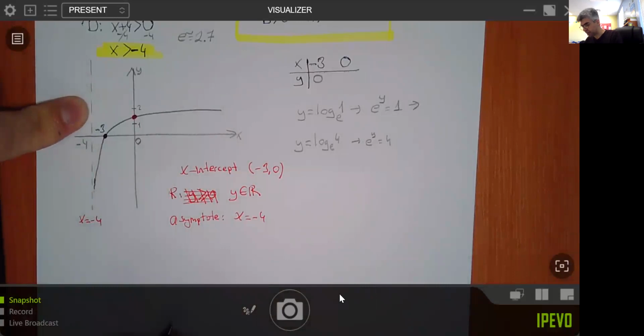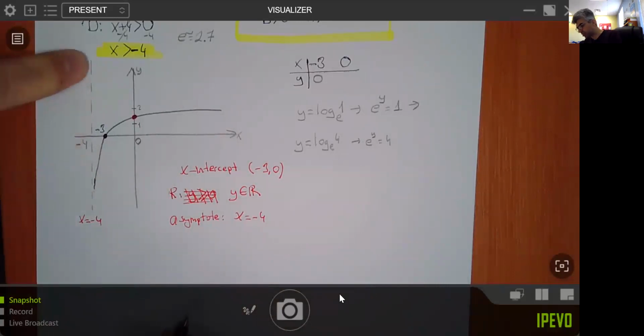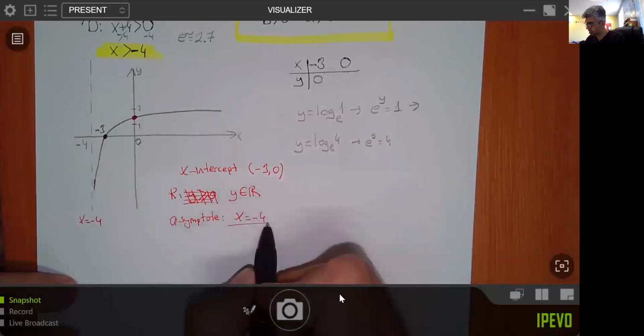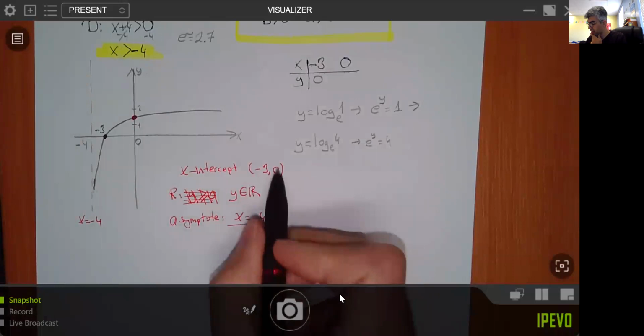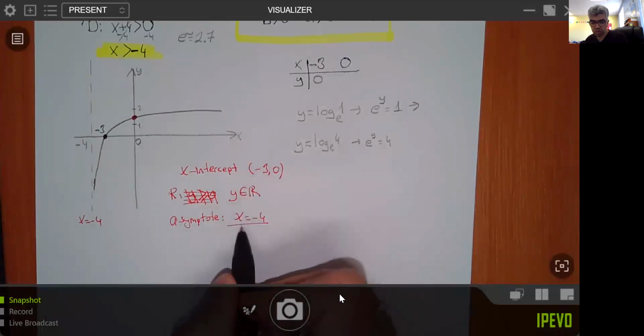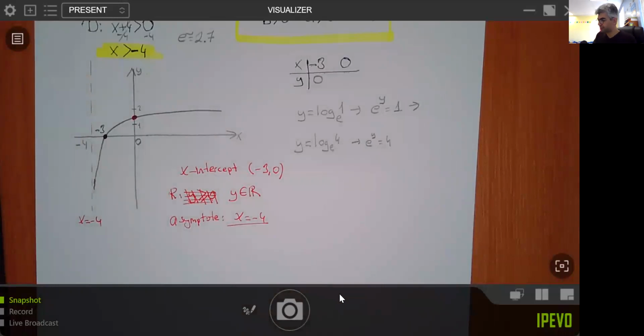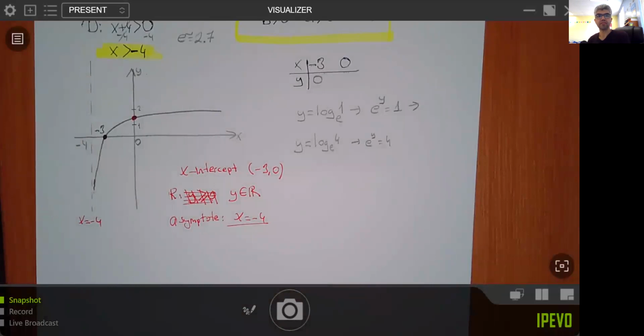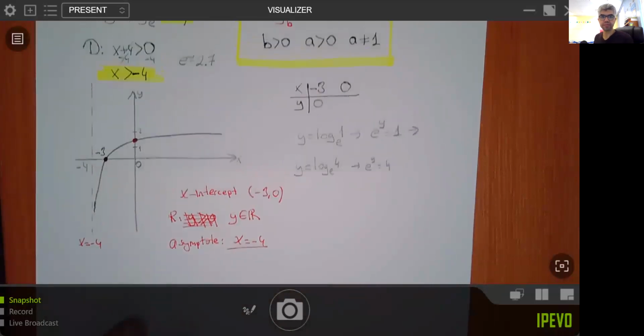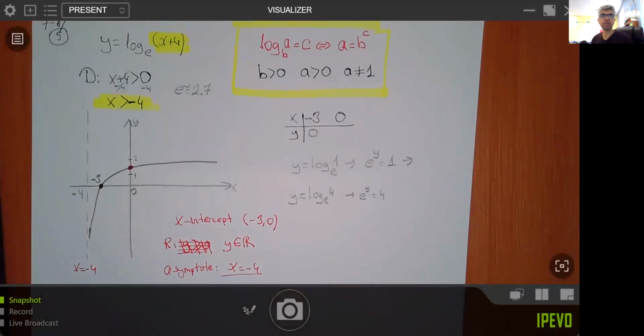Their y values are different, but their x values are -4 everywhere. So the asymptote is x equals -4 as a line, not as a point. Attention, a point is like this, but this shows a line. Is it clear? I hope it is clear, guys.